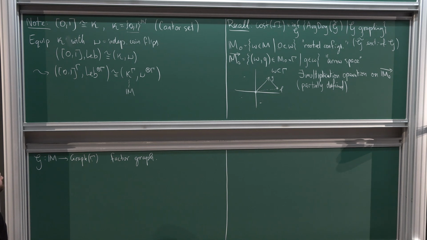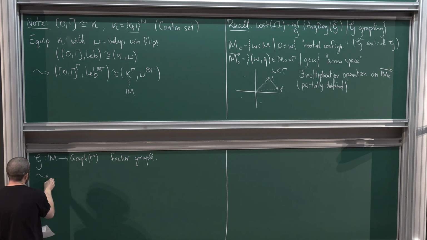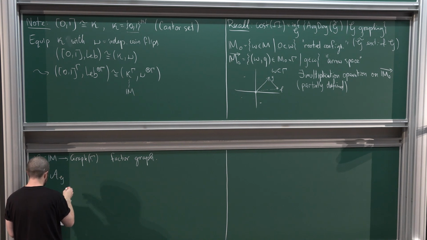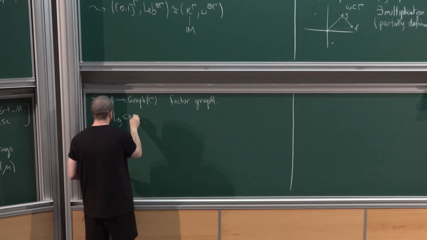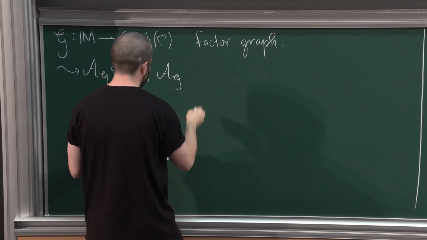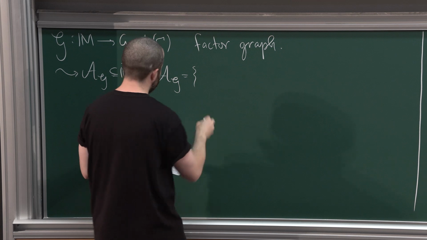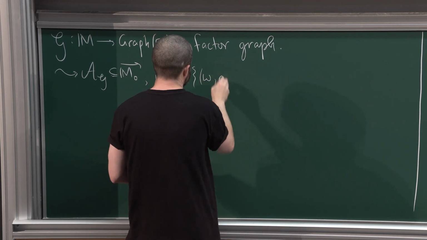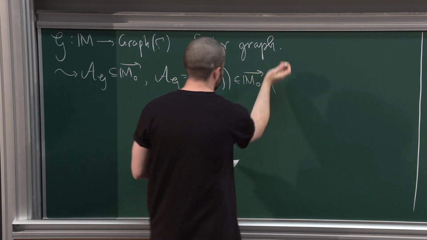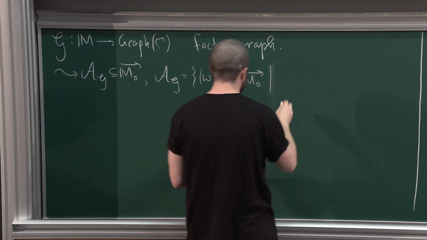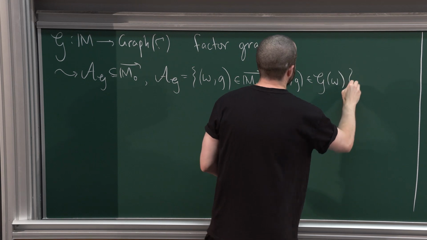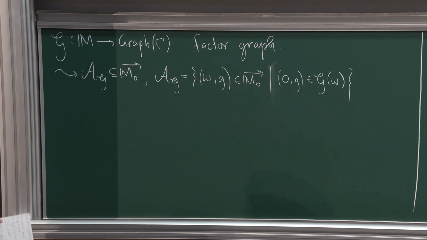And now I can associate to this some collection of arrows, which I'll denote by script A sub G. And this is just, I look at all the arrows that appear as rooted configurations omega such that (0, G) is in G of omega. Okay?